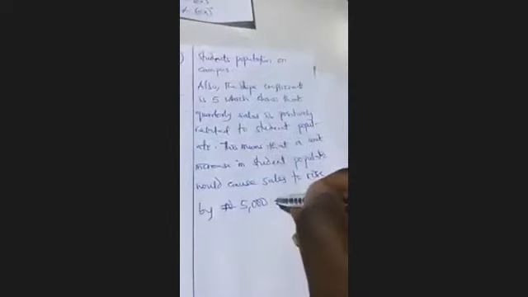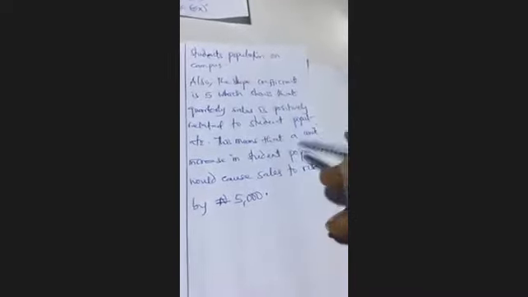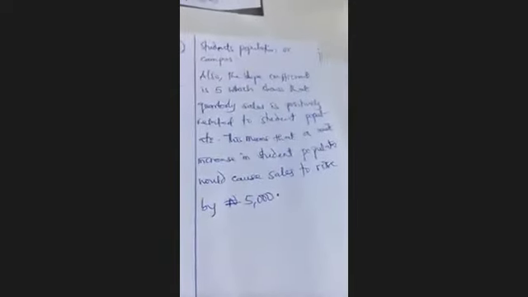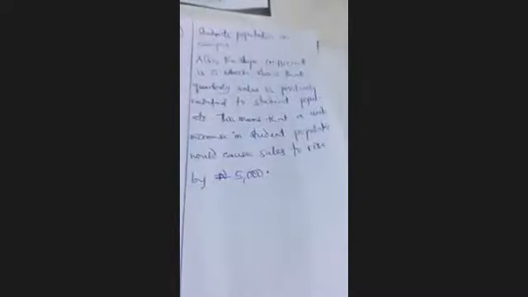You multiply the 5 by 1,000. So that is what it means. If student population increases by 1 person, if 1 student joins the population, what is the contribution of that extra student on revenue? It is going to be 5,000 naira.